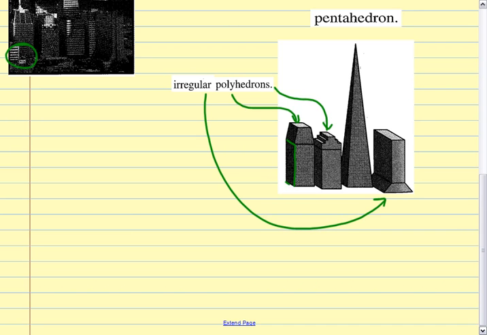This looks like a rectangular prism, right? And then on top it looks like a rectangular pyramid that's been lopped off, right? It didn't go all the way up to a point. Do you see what I'm saying? It's almost like there are 2 solids on top of each other. So we'll call that an irregular polyhedron. Do you see the same thing for this one? And for that one.